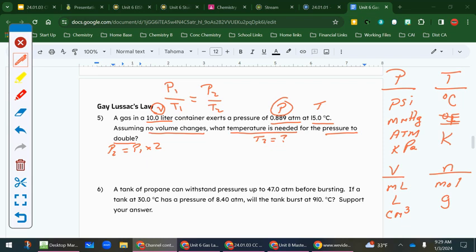How does that look? Now we can do it, right? Can we use column? Yeah, because we have to take 30 degrees Celsius.